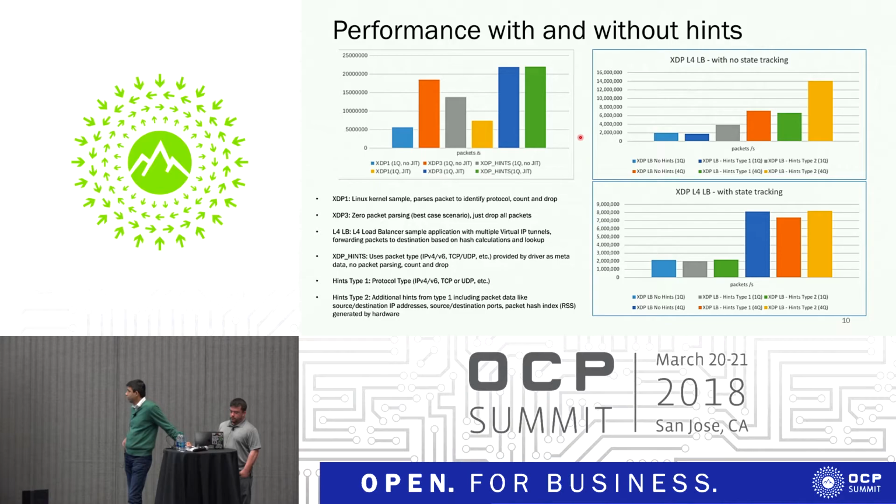So we took that up, and we started creating different kinds of metadata. There were two types of metadata we created. One was just giving them protocol offsets and type and not giving any information about the header. And as you can see in the graphs, that program, in fact, did not help at all.